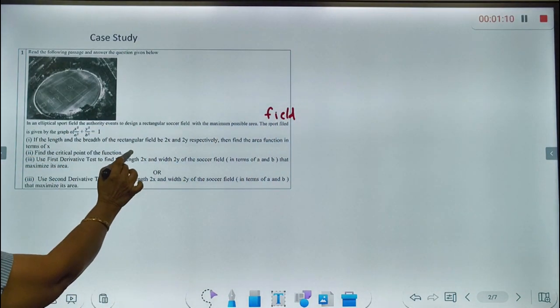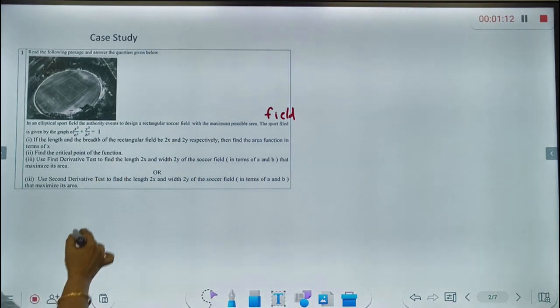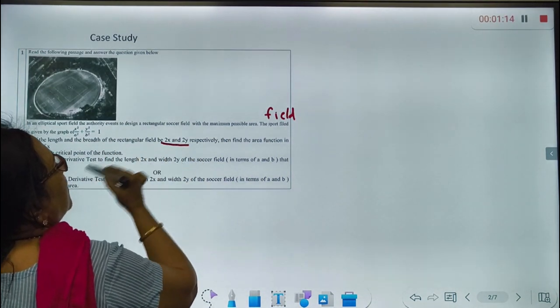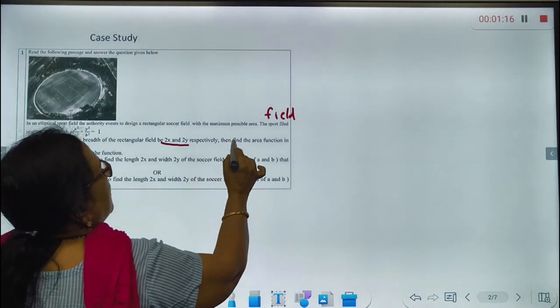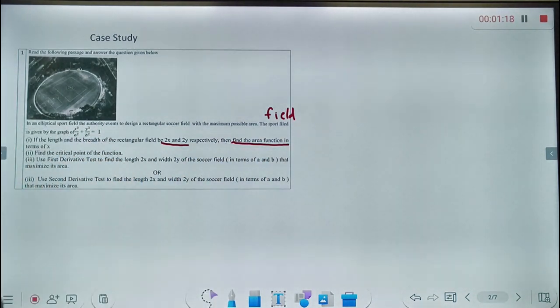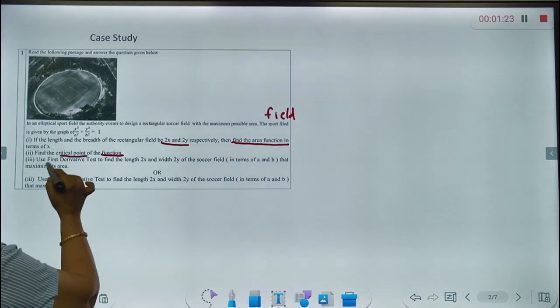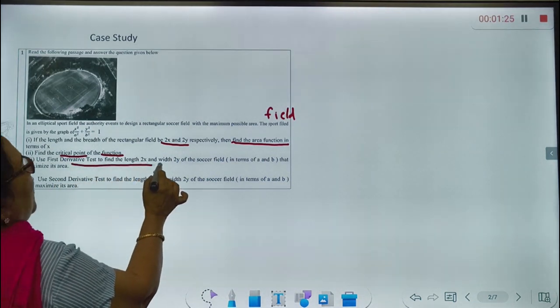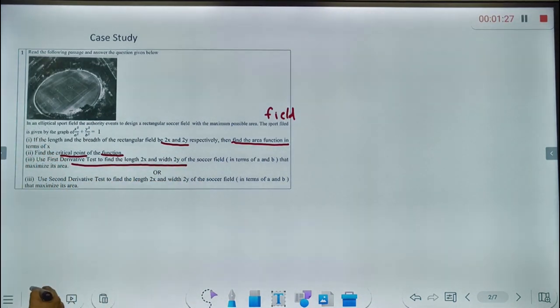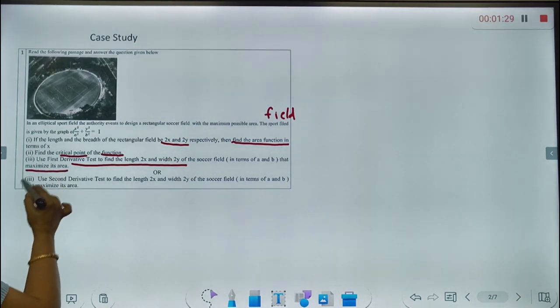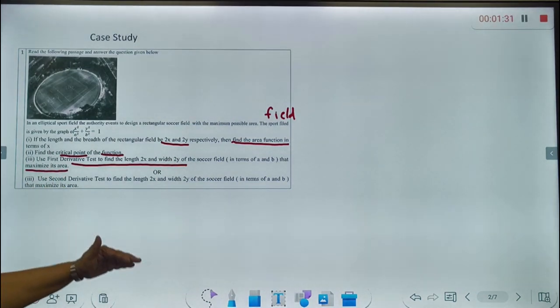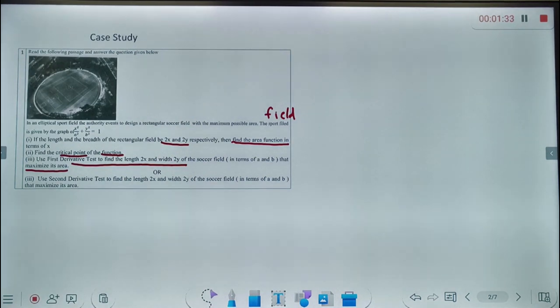If the length and breadth of the rectangular field be 2x and 2y, find the area function in terms of x. Find the critical point of the function. Then use the derivative test to find the length 2x and 2y that maximizes the area. Then use the second derivative test to find the maximum area.